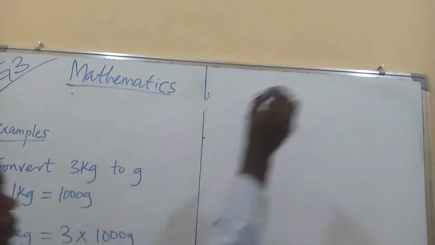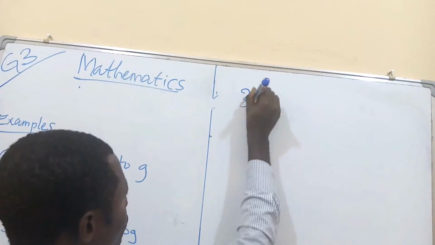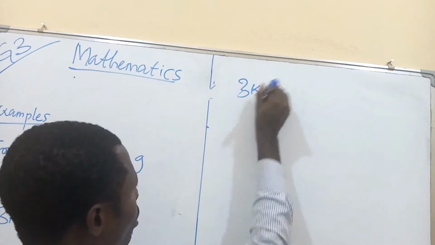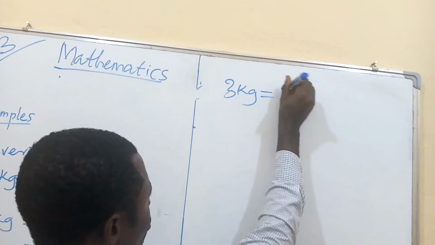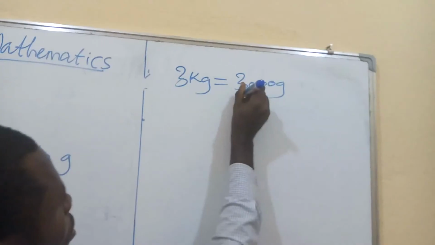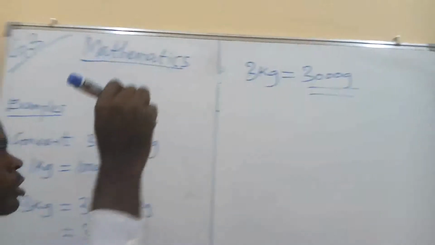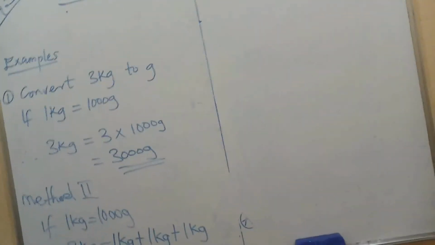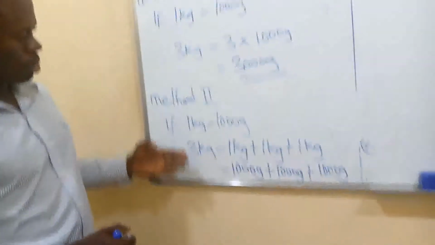So now we have 3 kilograms giving us how many grams? 3,000 grams.